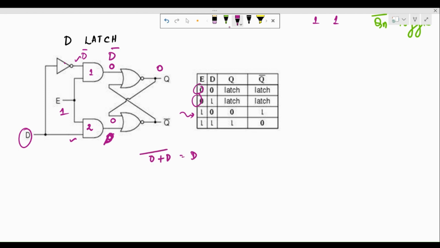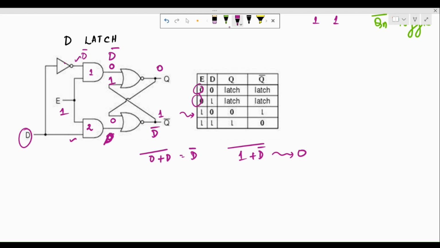So we'll get D bar. And here, this is going to be 1, right? So when 1 is NORed with D bar, so 1 ORed with D bar the whole bar. So 1 plus anything is going to be 1, and the toggle of that is going to be 0.